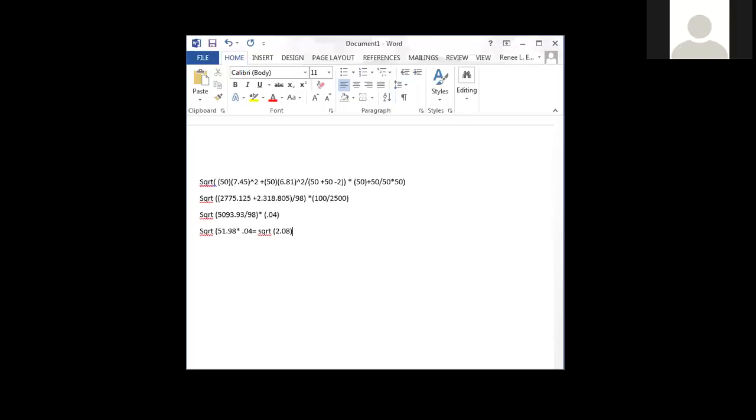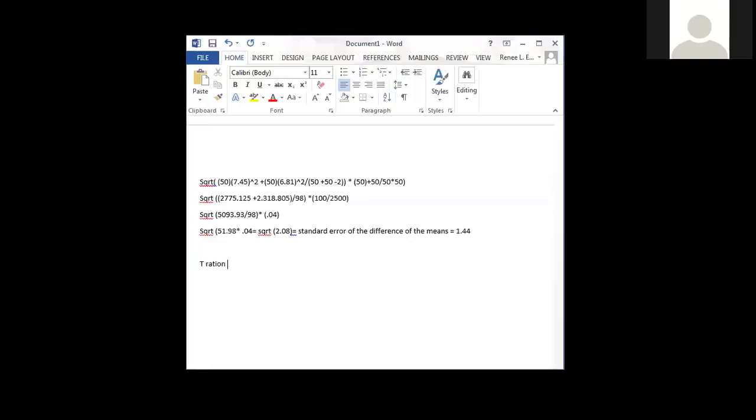When I actually take the square root, I get that the standard error of the difference of the means is equal to 1.44. Now that I have that, I can calculate it into my t-ratio formula.